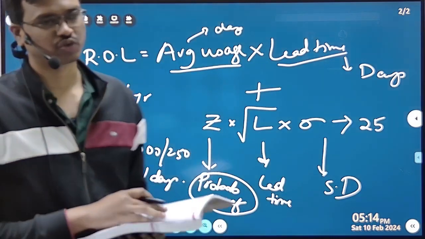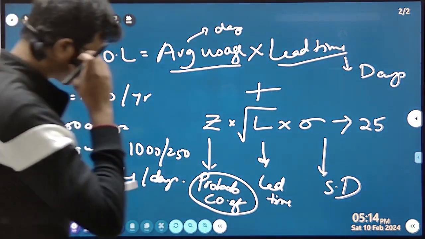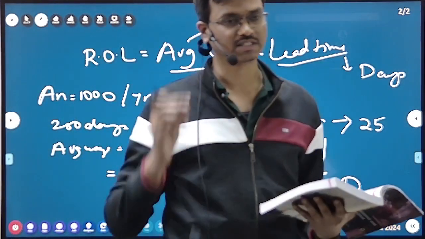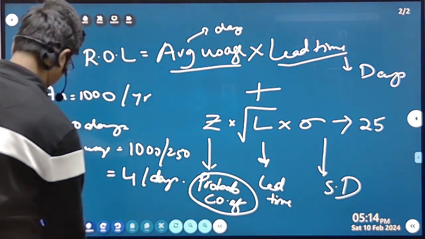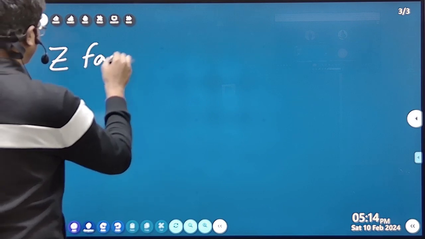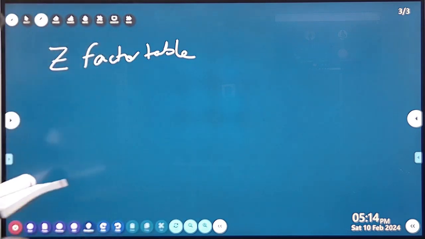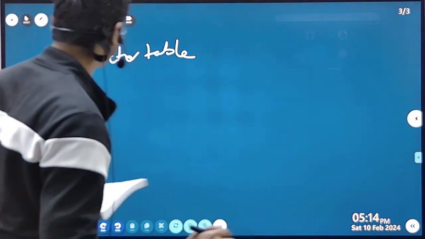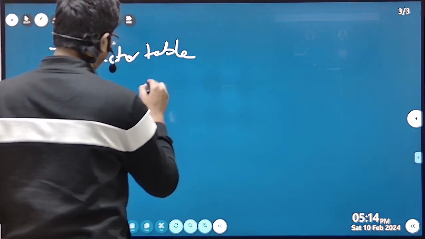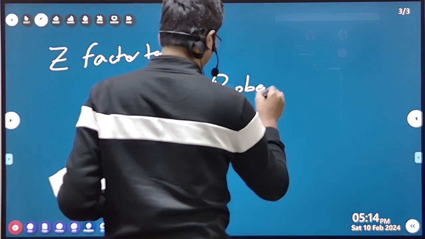Now Z. In mathematics there is something called a Z factor table. This is actually a high level mathematical derivation, but what it simply gives you is the value of Z for a certain probability.